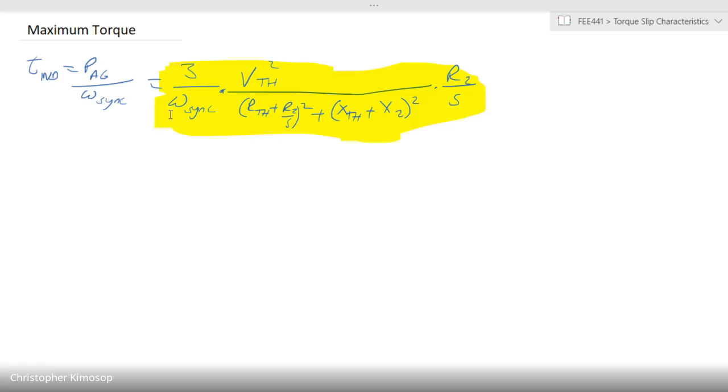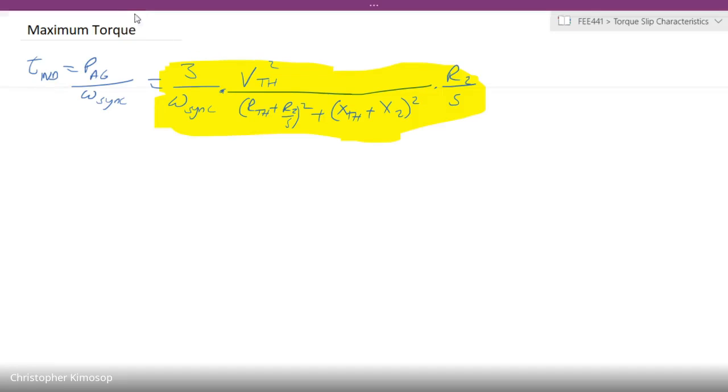Now, we've said that the torque is given by this equation, which we have just derived on the other side. We went through and saw how this comes about.